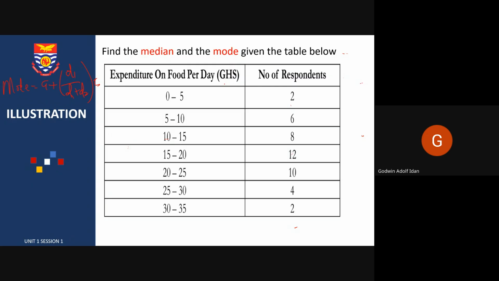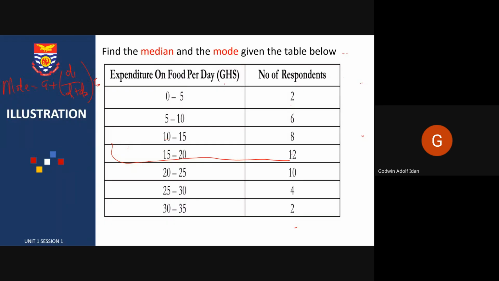So let's locate the modal class. The same way we did for the ungrouped data, we said the mode is the highest occurring number. So for the modal class, we are just interested in the highest frequency. And from this question, the highest frequency is 12.